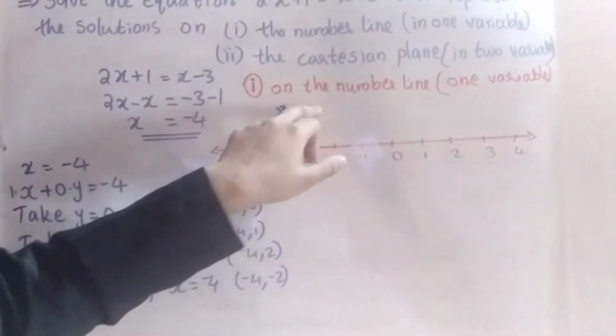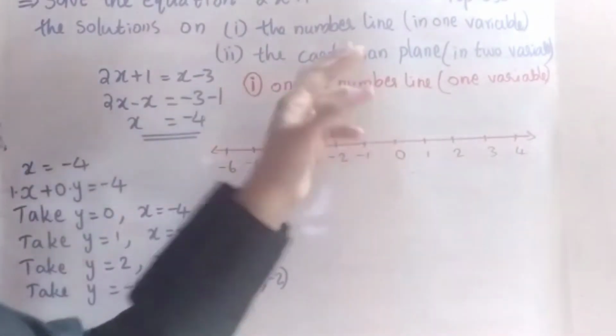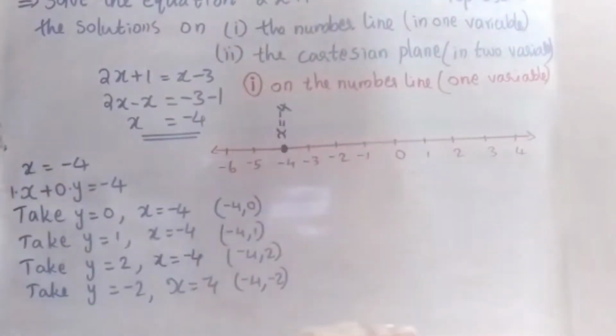If we represent x equal to minus 4 on the Cartesian plane, we need two variables. This is a linear equation in one variable, so we should convert it into two variables.